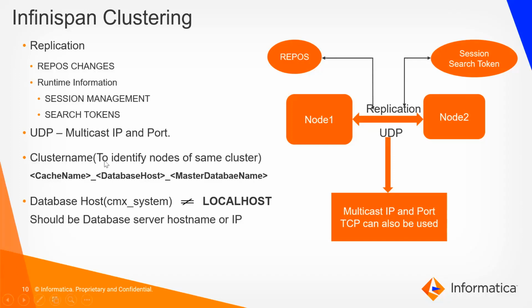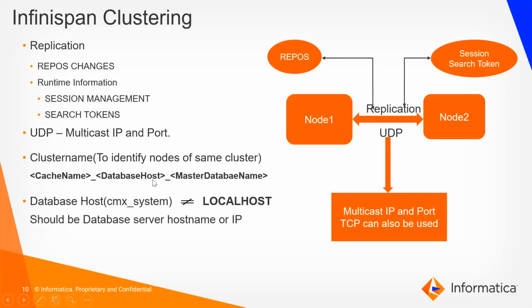Now how do we identify what all the nodes are which belong to the same cluster, right? So this is the convention which is being used: the cache name, underscore, the database host, underscore, the master database name. This cache name is defined in the Infinispan configuration XML.